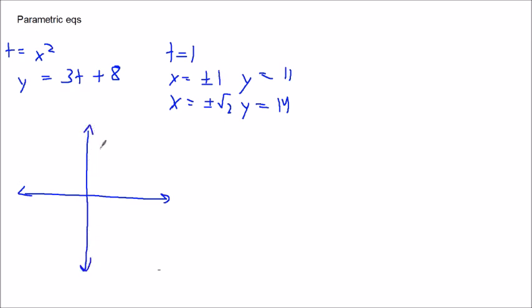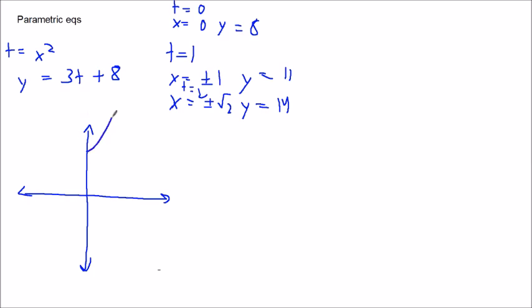We have 1, 11. Let's say, okay, when t is equal to 0, well, x is just 0, and then y is going to be 8, right? So we have 0, 8, and then plus or minus 1, 11, plus or minus square root of 2, 14.